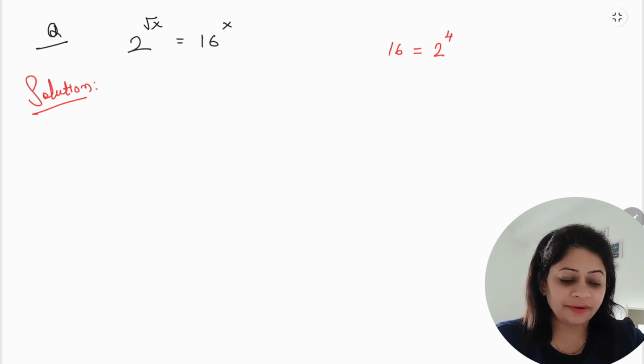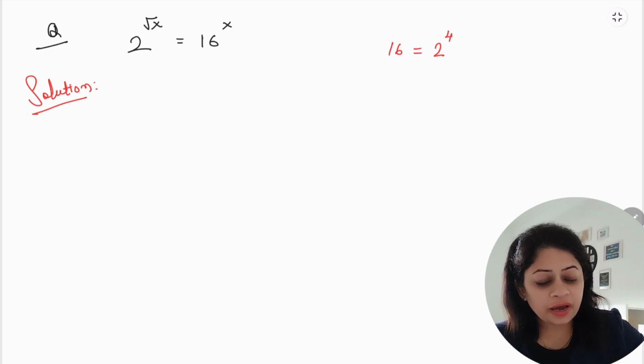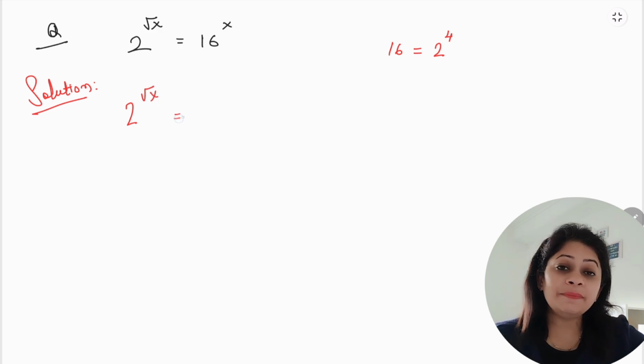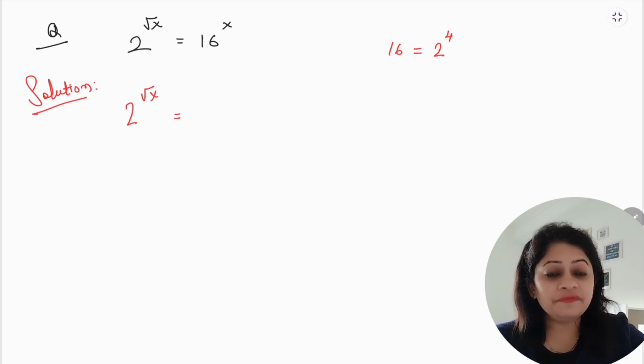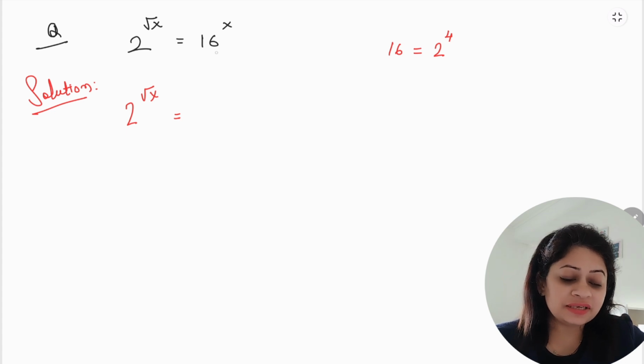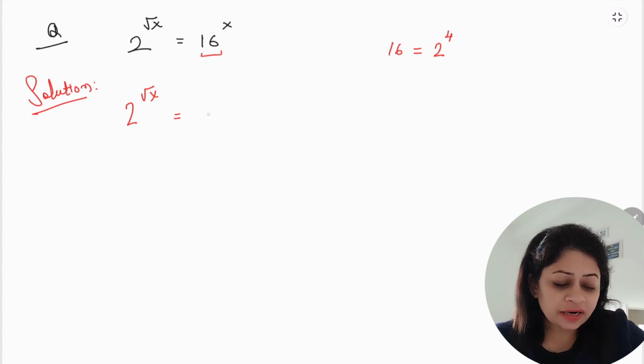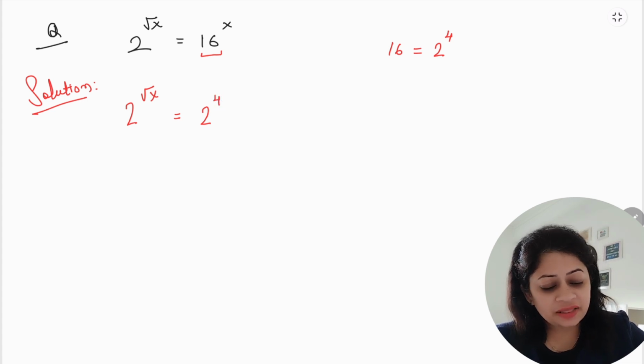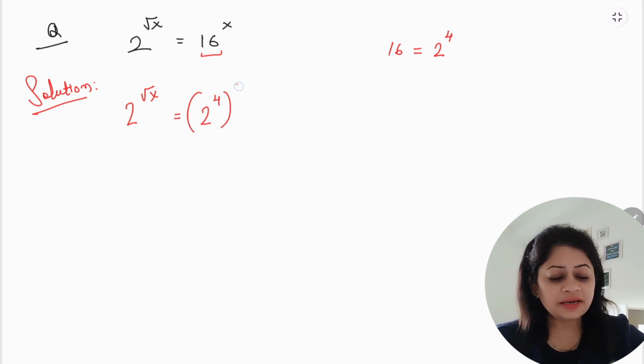It will always be easy if I can have the same base. Here on the left hand side we have base 2, and on the right hand side the base is 16. So I write 16 as 2 raised to power 4, and then we have raised to power x.